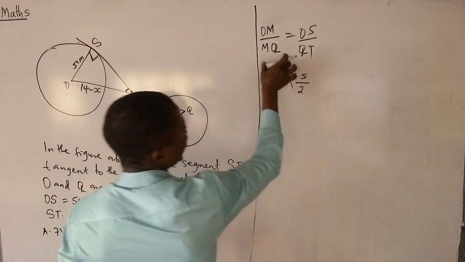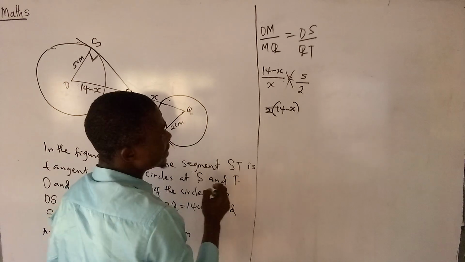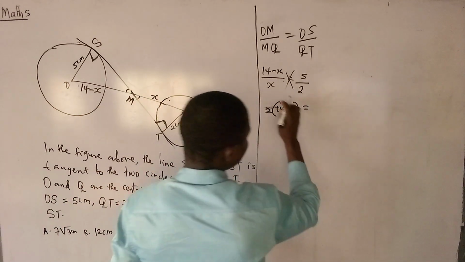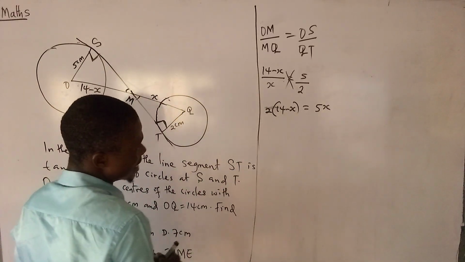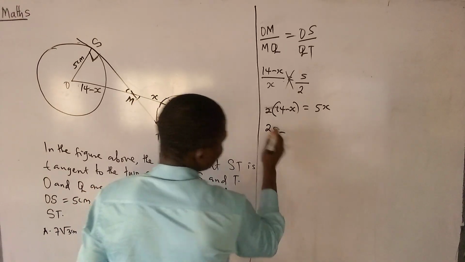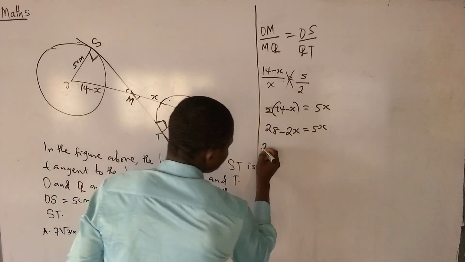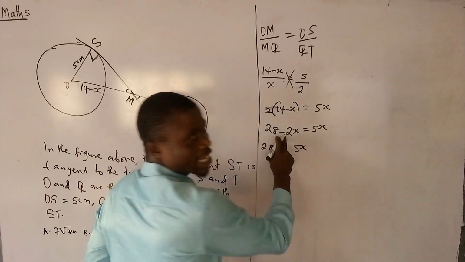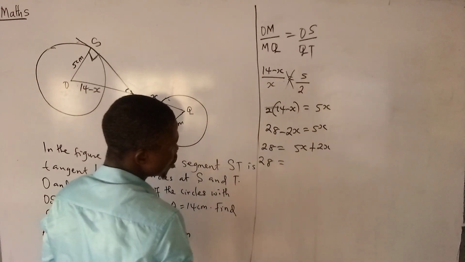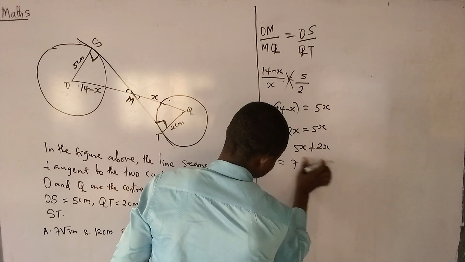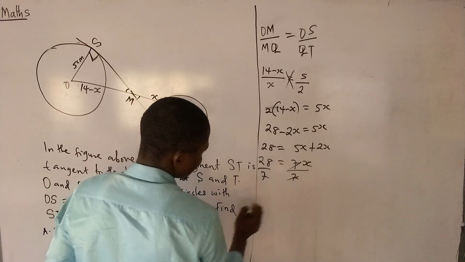2 multiplies everything here: 2 times (14 minus X) equals 5 times X, which is 5X. Expanding, 2 times 14 is 28, minus 2X, equals 5X. Taking minus 2X to the other side becomes plus 2X, so 28 equals 7X. Divide by 7 and you get 4.